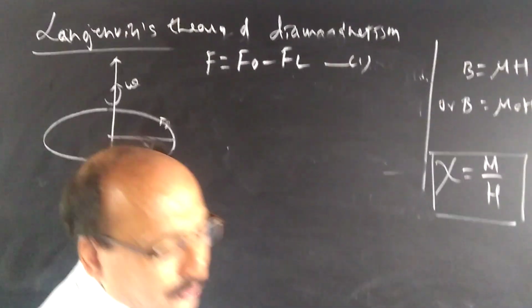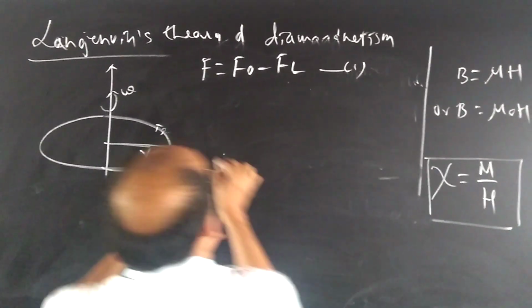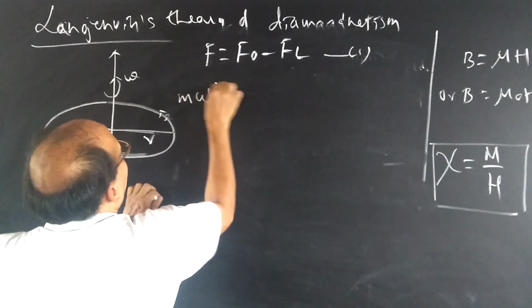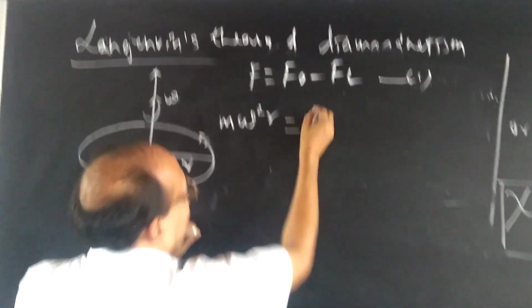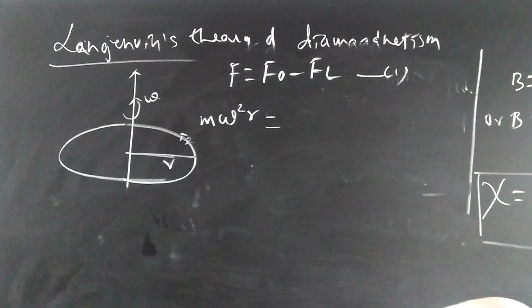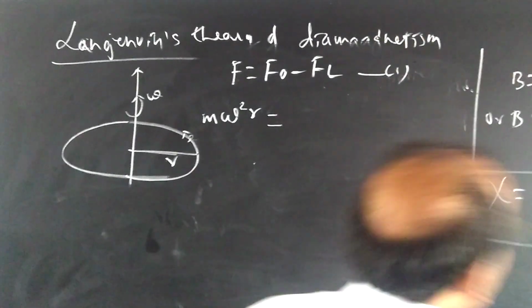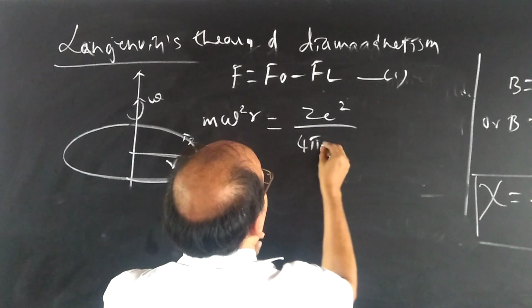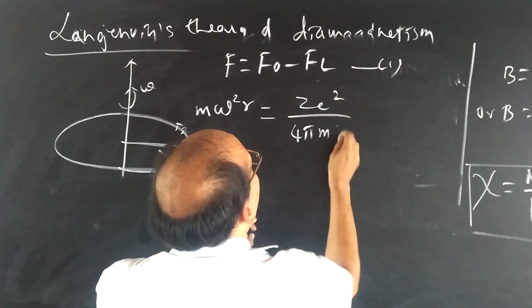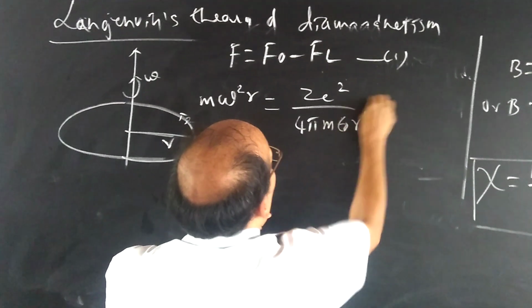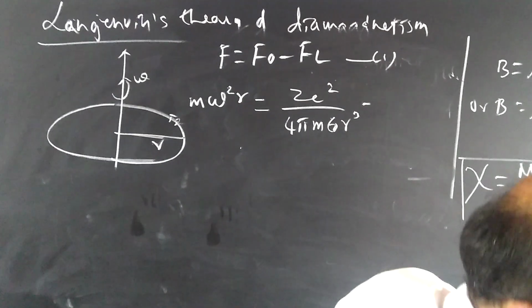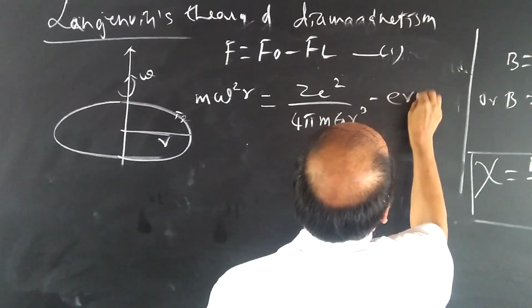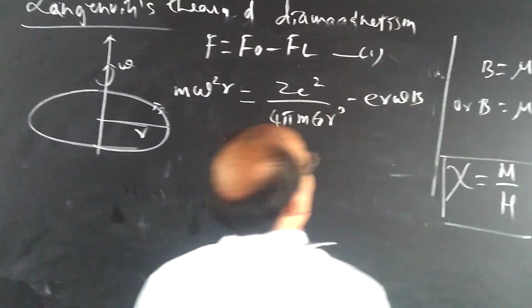It will just substitute very simply, as m into omega square r itself must be equal to the same quantity that I have taken, Z square e square upon 4 pi epsilon naught r square, minus this is E r omega B, or e B r omega.